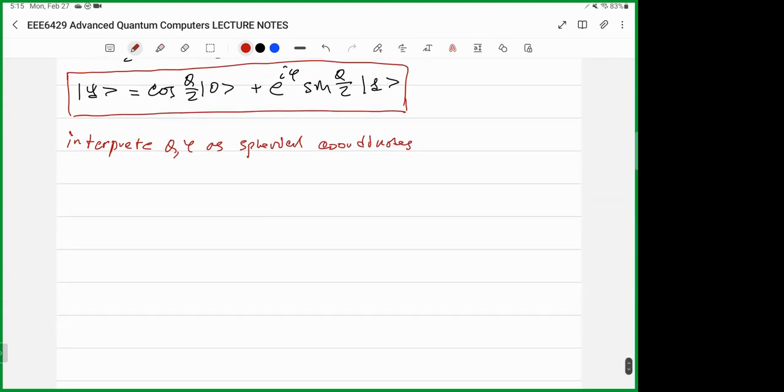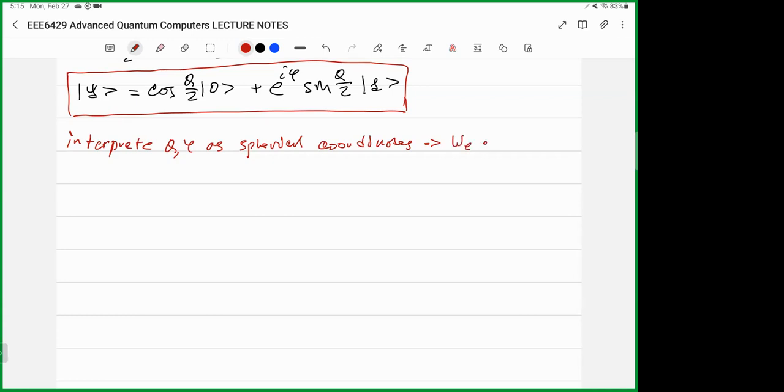What it means is that we can plot any state of the qubit on the surface of a sphere in these spherical coordinates, and this sphere is called the Bloch sphere.